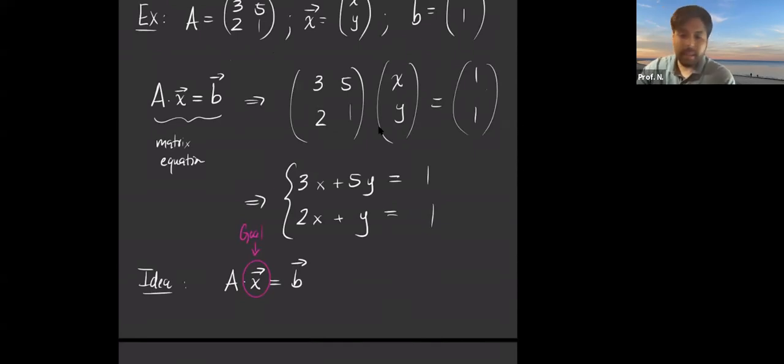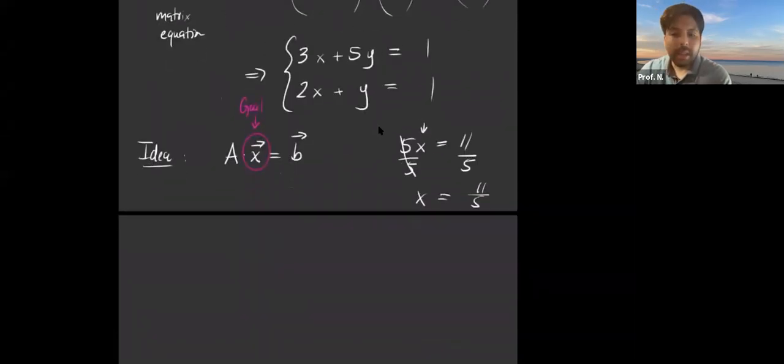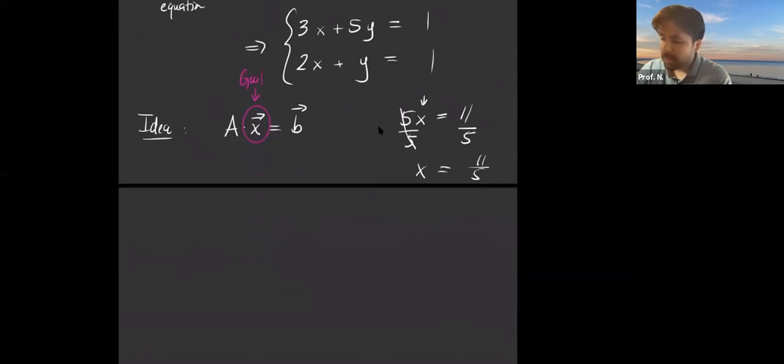Now, normally, if this was a regular question, let me make this a little more interesting: 5x equals 11. What would you do to figure out what X is? You would divide by 5. This cancels and you get X equals 11 over 5. Now, let's run that back a bit. What did we really do?